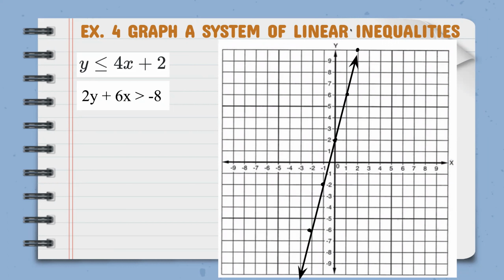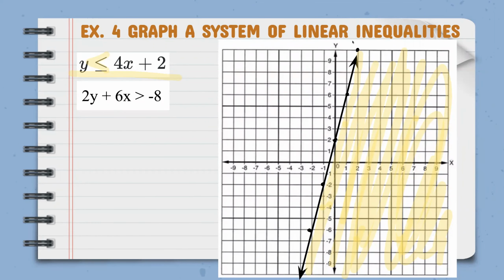A little bit better. And I'm going to shade with a different color so it's not too dark. It's less than, so I'm going to go to my y-intercept and shade everywhere less than that y-intercept of 2.